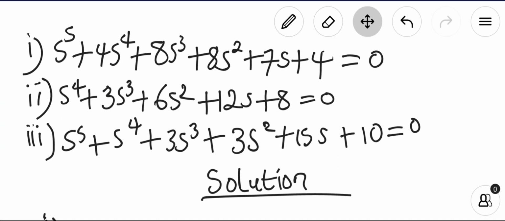So we can see that all the coefficients of s are present. We have s to power 5, 1; s to power 4, 4; s to power 3, 8; s squared, 8; s, 7; and s to power 0, 4. So they are all present.